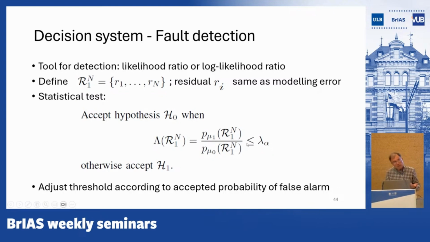And a standard test consists in comparing this likelihood ratio to a threshold. If the likelihood ratio is below the threshold, it's the healthy case that dominates. If it's above, it's the faulty case that dominates. And this threshold must be adjusted to ensure that the probability of false alarm is appropriate.